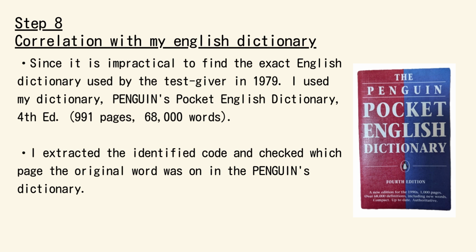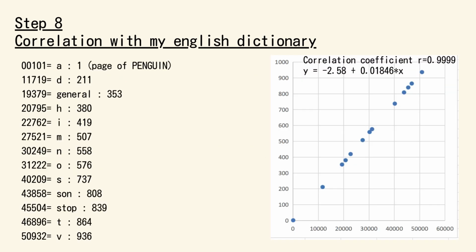I extracted the identified codes and checked which page the original word was on in the Penguin dictionary. In the graph below, the x-axis is the numerical value of the code, and the y-axis is the corresponding page number in the Penguin dictionary. Because there is a correlation, we can predict the approximate page number.